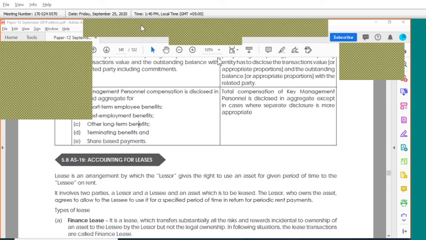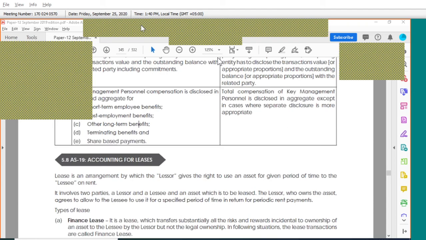So I will continue. I asked you a question actually. I am paying lease rent to the owner. I am using plant and machinery. I have taken the plant and machinery on lease and I am using it, and yearly I am paying lease rent to the exact owner.